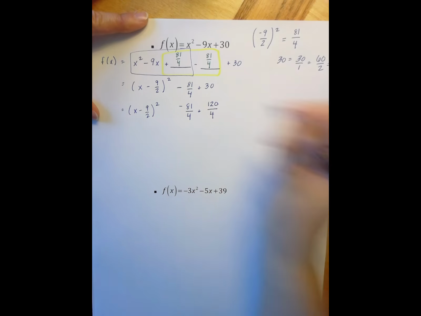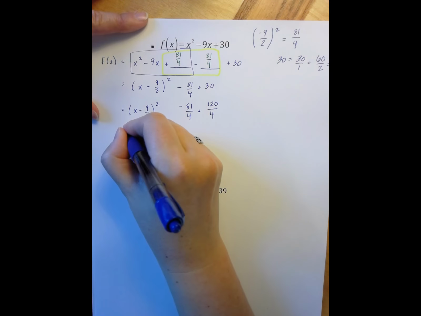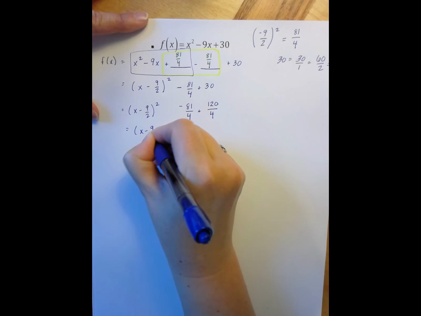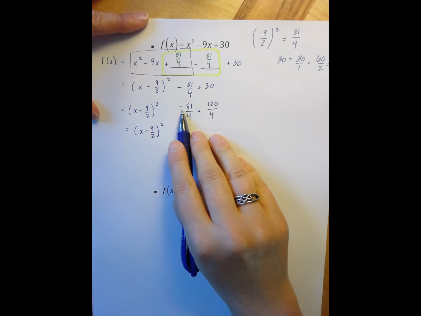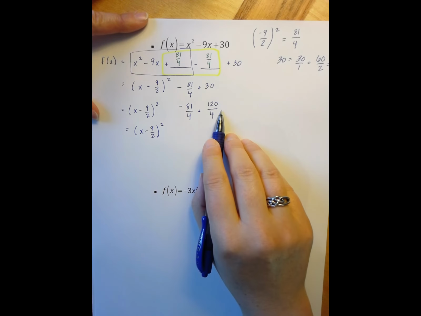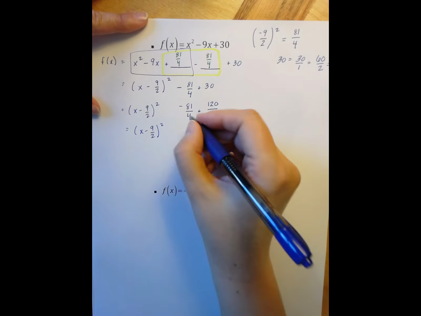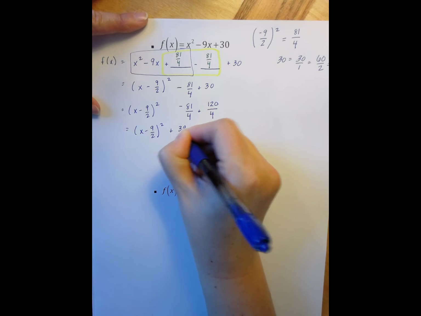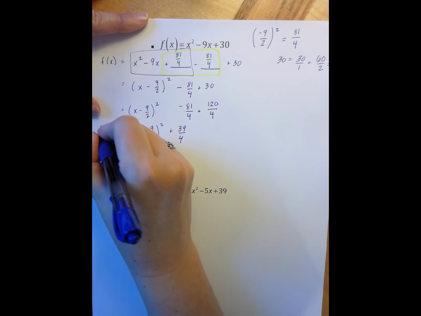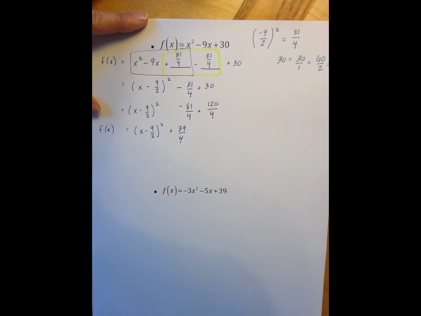Well, it's 120. So I now can simplify −81/4 + 120/4, which is going to be a positive 39/4. And I have completed the square.